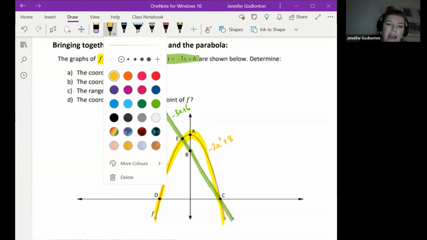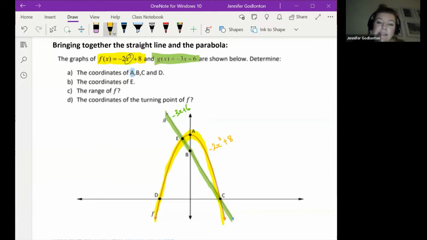As Emmanuel said, A is the y-intercept of the parabola, and we know that our Q value is the y-intercept of our parabola. So that means that A is 0 and 8.